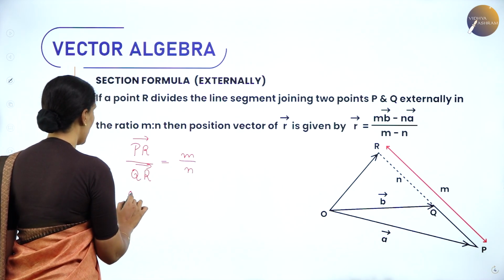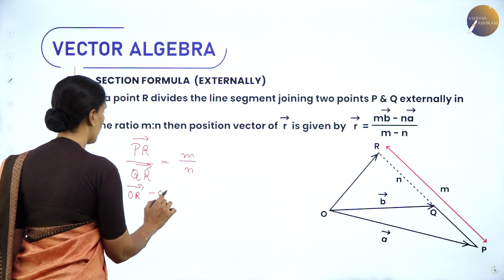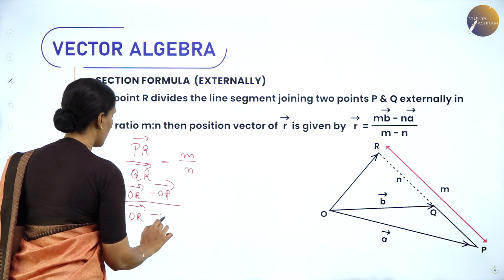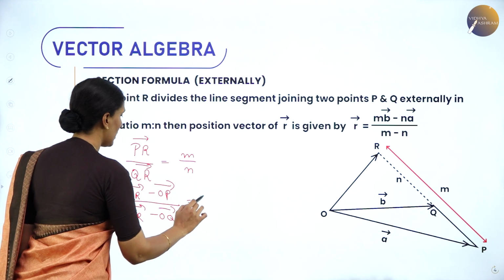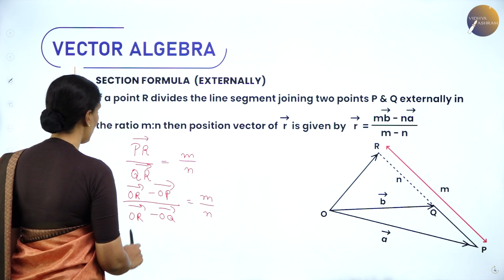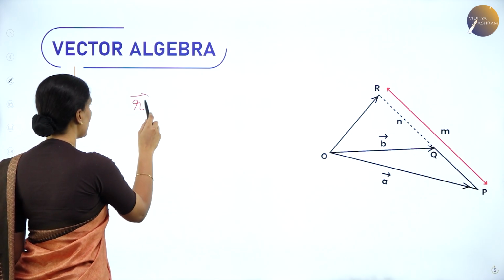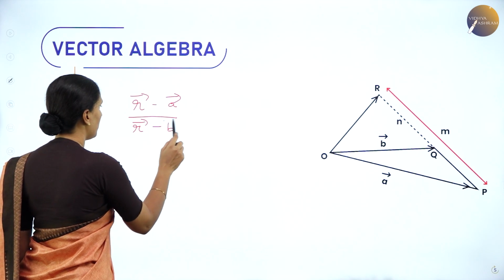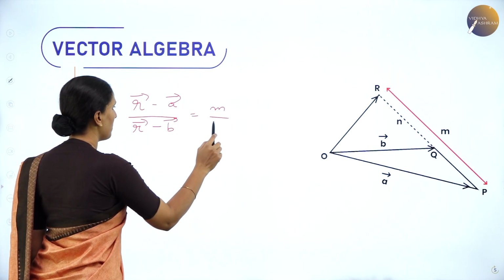Now this can be written as OR minus OP, whole divided by OR minus OQ, is equal to m by n. So if we cross multiply, we will get R minus A divided by R minus B is equal to m by n.